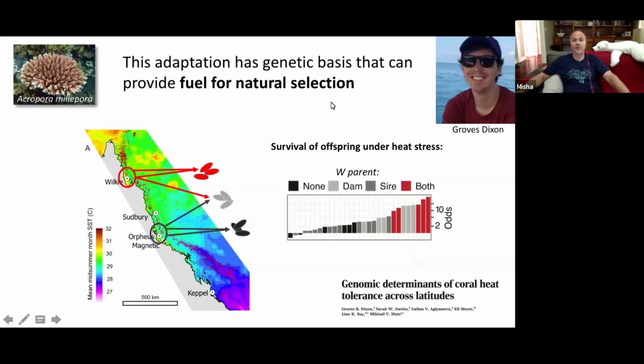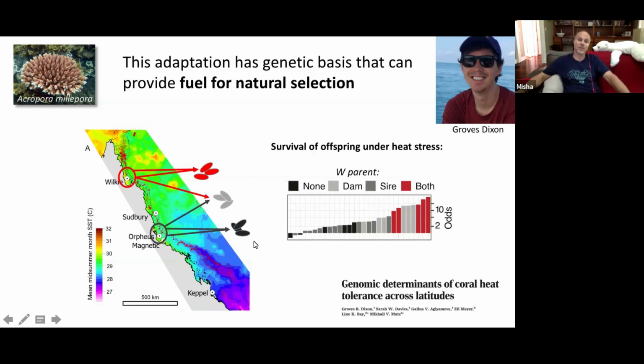And us and some other people, well, this is the paper from 2005, which was spearheaded by Groves Dixon, my then graduate student and now postdoc, where we showed that if you take parental coral colonies from two locations, one hot and one cool, and you make babies using these parents, you have babies which have only cold population parents, hot population parents, and the intermediate ones.